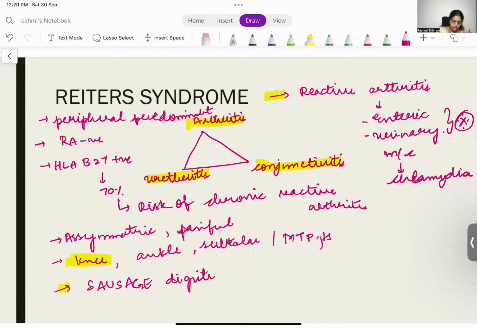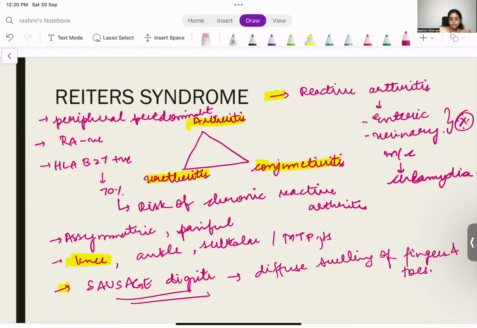What is the sausage digit? There will be diffuse swelling of fingers and toes. These are called sausage digits.